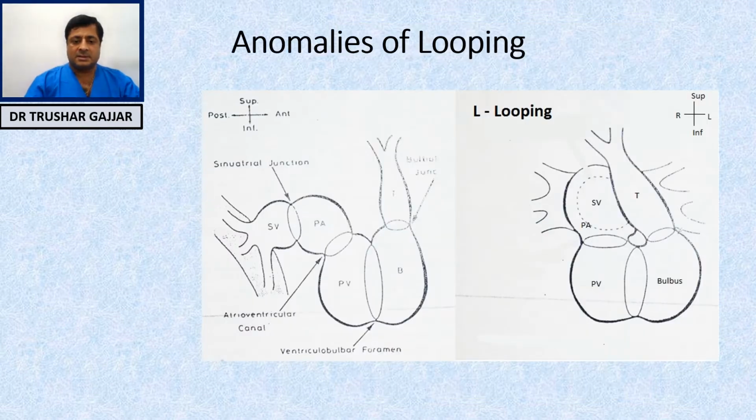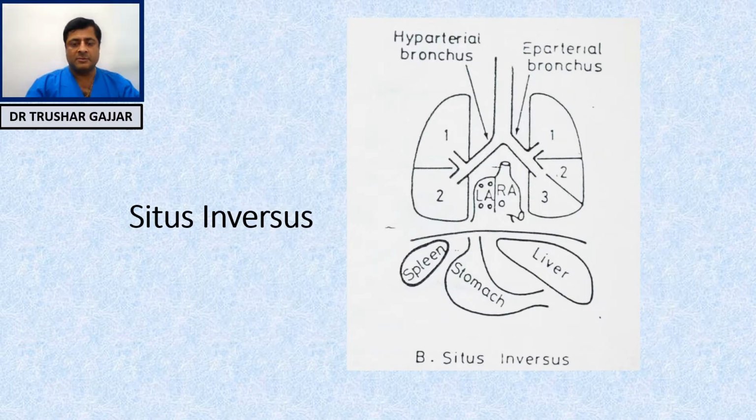Now the anomaly occurs. Suppose during bulboventricular looping the bulbus comes in front, but instead of going towards the right side of the primitive ventricle, it goes towards the left side. The rest of the development is the same, so this leads to the formation of situs inversus, meaning a mirror image.